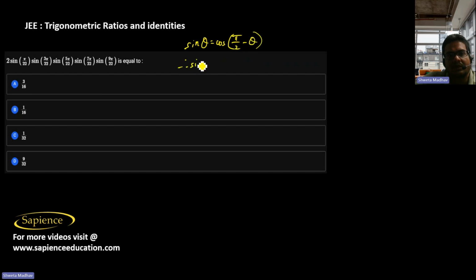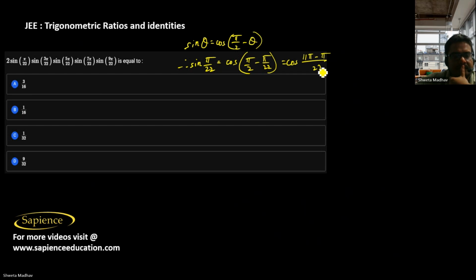So similarly, sine pi by 22 can be written as cos of pi by 2 minus pi by 22, with 22 as the LCM, 11 pi minus pi. Or sine 3 pi by 22, I can write as cos of pi by 2 minus 3 pi by 22.